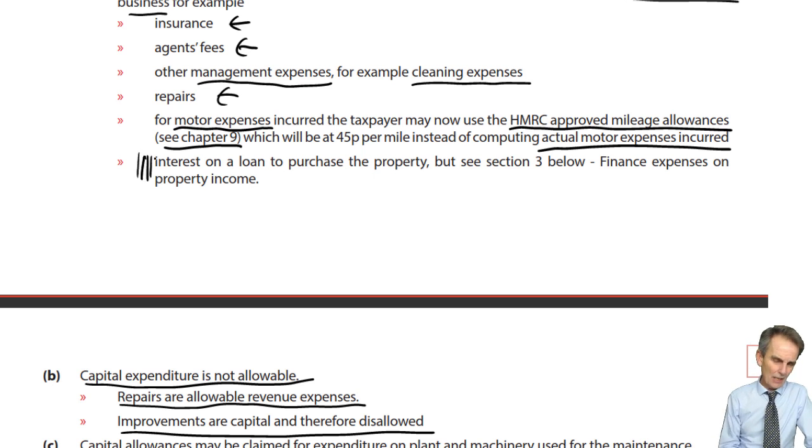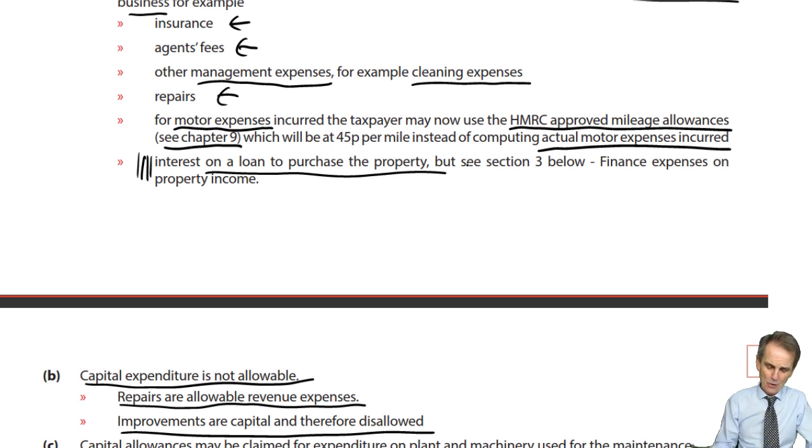Probably one of the main expenditures most individual owners of rental property would have would actually be a finance expense: interest on a loan to purchase or indeed improve, or even repair if it was a major expenditure.